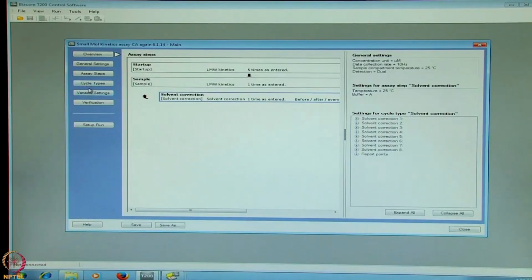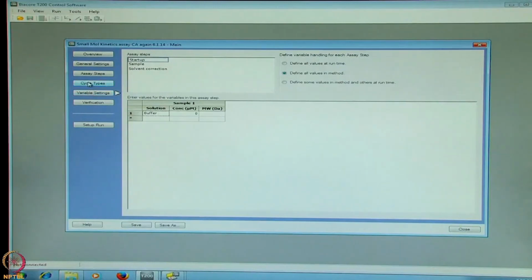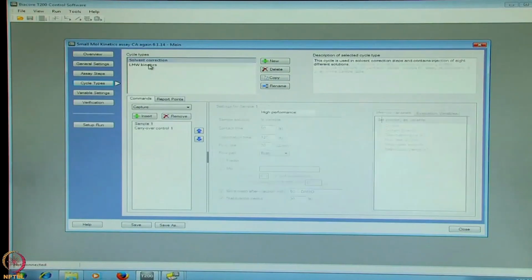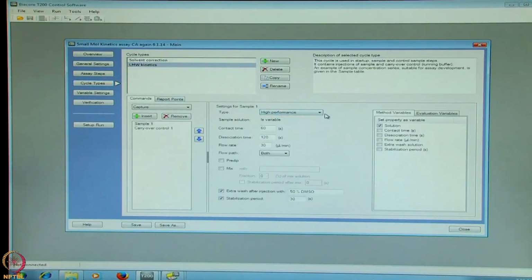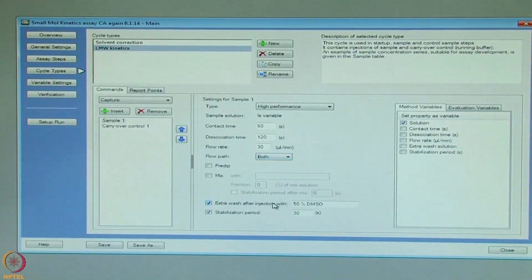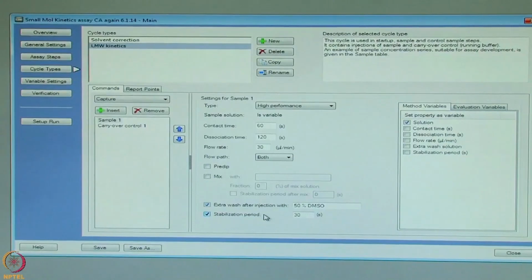Here also in the variable setting or in the cycle types, we go to the low molecular weight kinetic wizard, check that the type is high performance, contact time is 60 seconds, dissociation time is 120 seconds, flow rate at 30 microliter per minute, flow path both, extra wash with 50% DMSO, and stabilization time of 30 seconds is provided here.